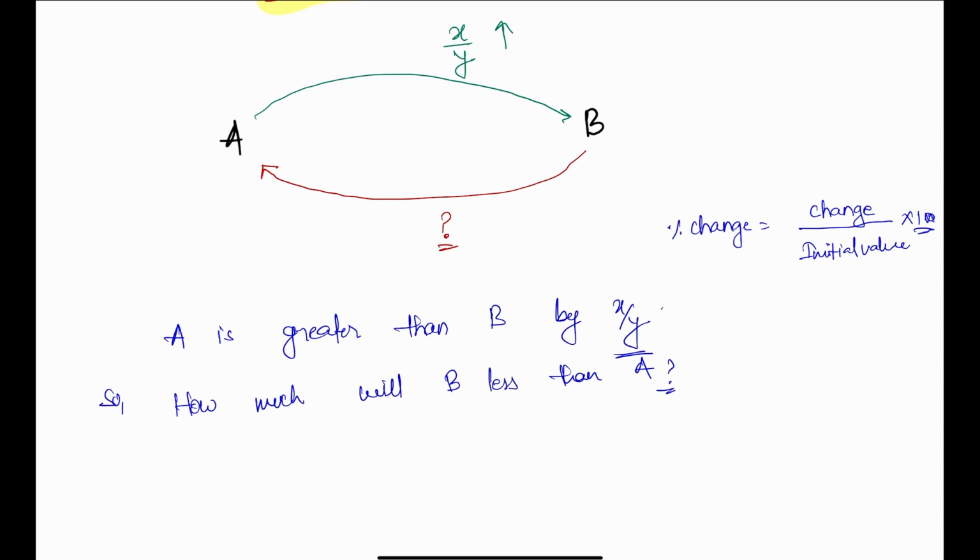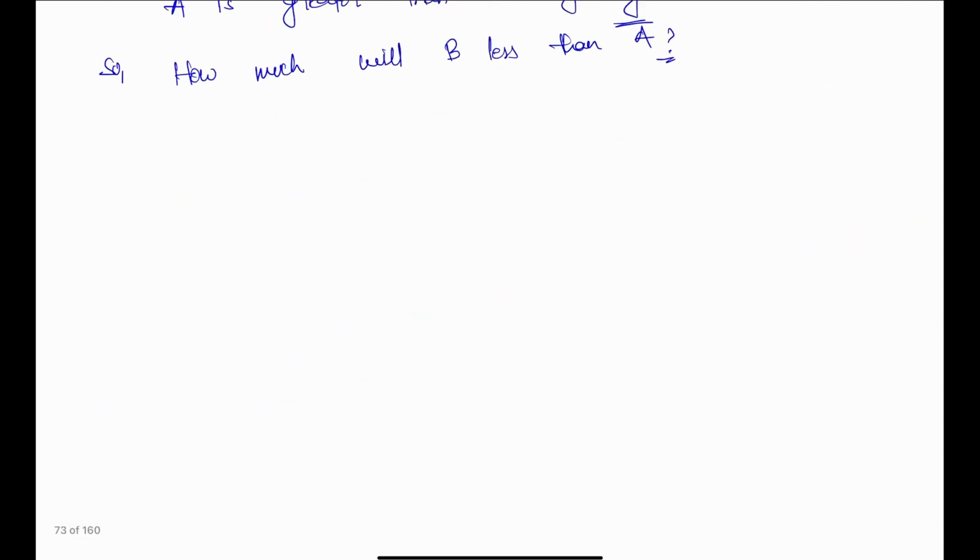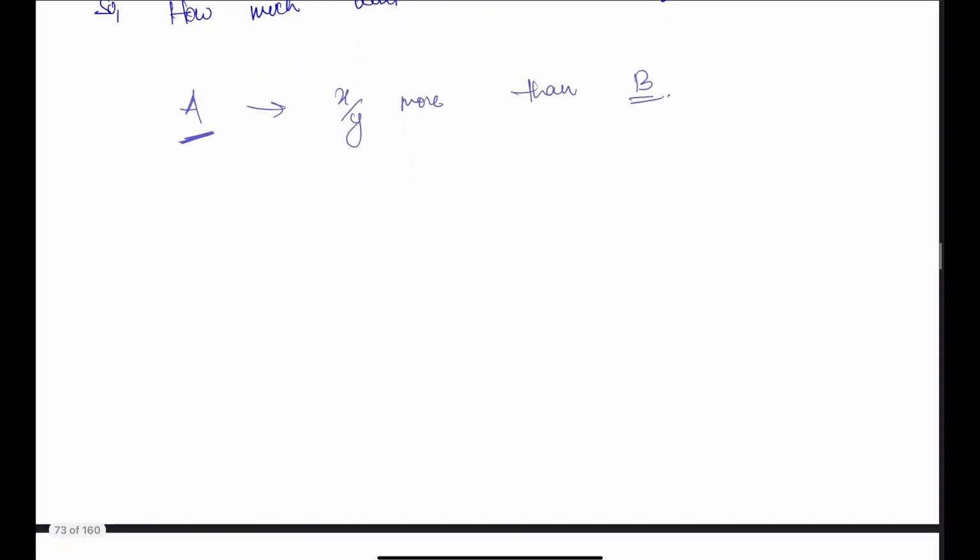We can try to solve it, and then we will find a common value; this is how our derivation works. So we know that A is x by y more than B. How much more? The initial value was B, so the percentage change will be in the form of B.